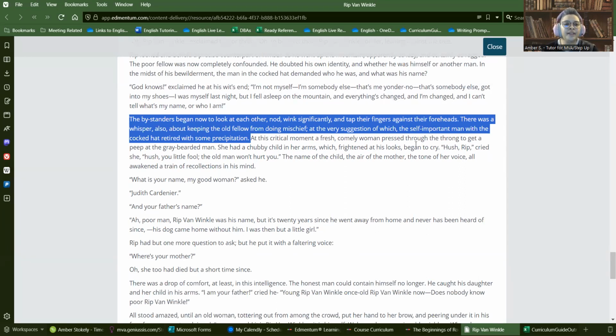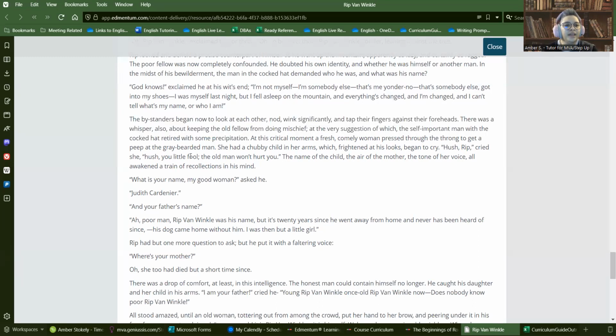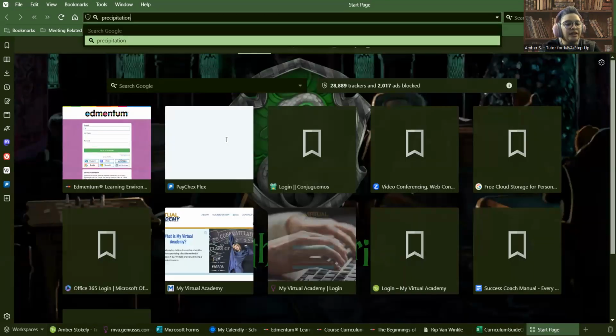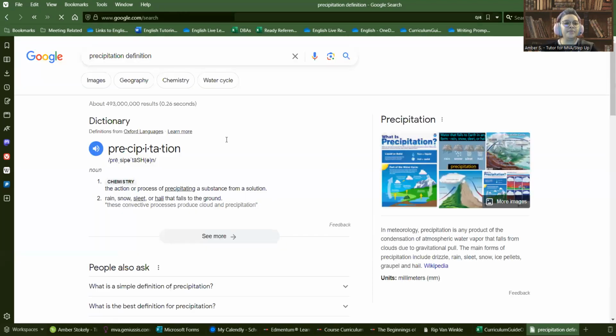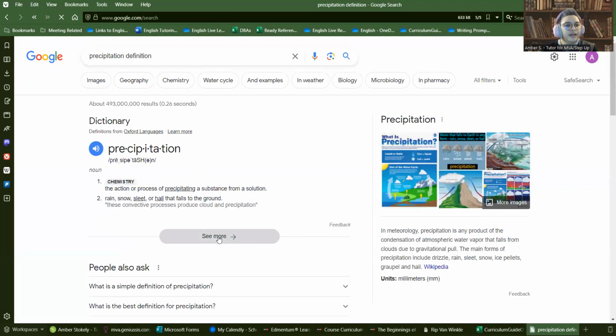And the self-important man, the guy who's in charge, it says he cocked his hat. He retired with some precipitation. So retired means to rest. Precipitation is basically to contemplate or to think and consider things. I'm pretty sure, but we'll look it up just to make sure. Let's see.